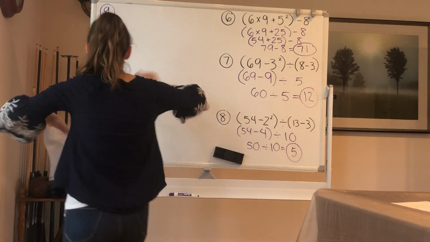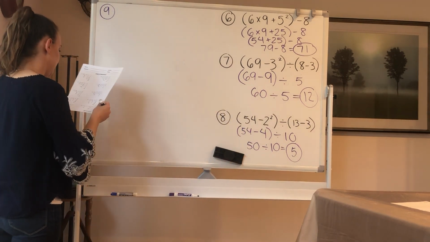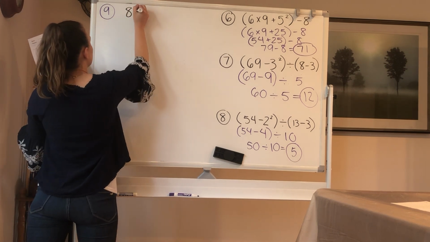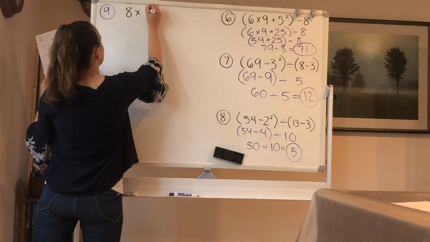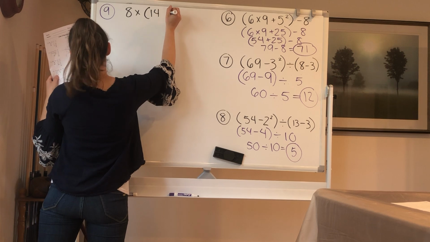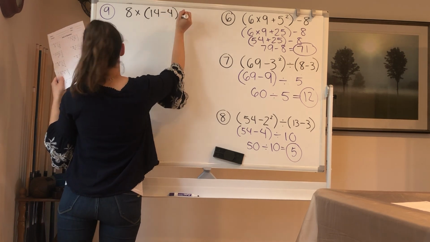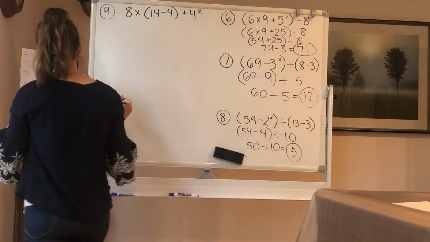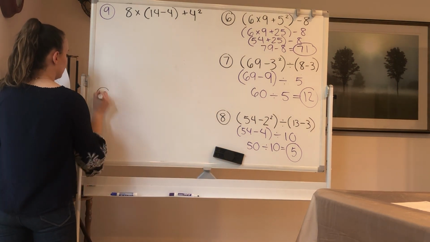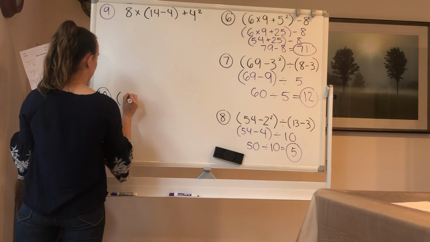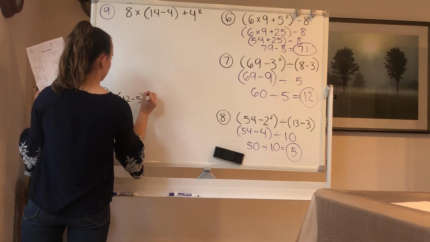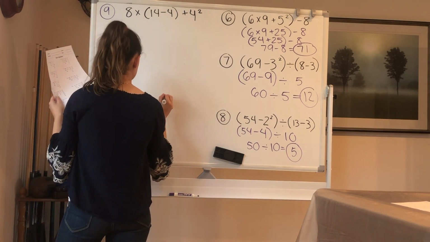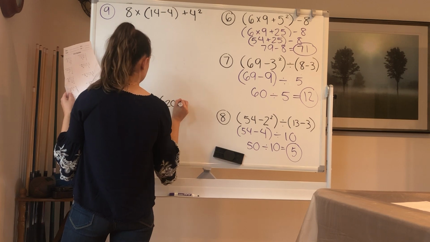Okay, 9. 8 times, in parentheses, 14 minus 4, plus 4 squared. And then number 10 is 12 minus 5 squared plus 20 divided by 2.